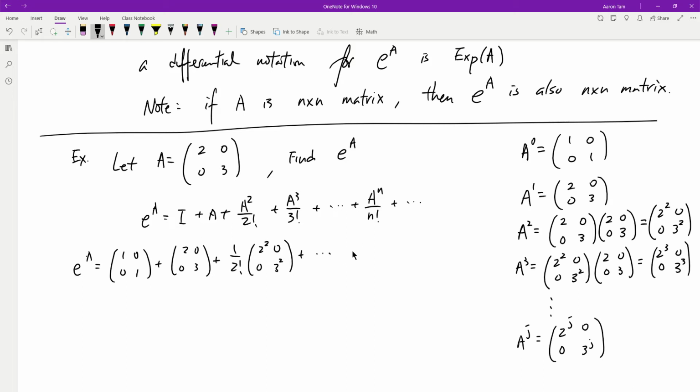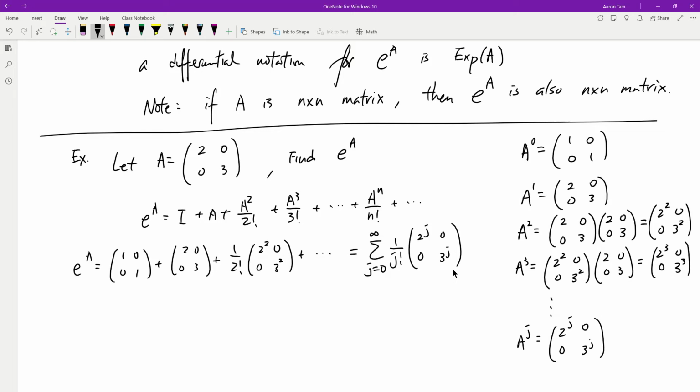I'm going to write it out in summation form too: the summation from j equals 0 to infinity of 1 over j factorial, multiplied by [2 to the j power, 0; 0, 3 to the j power].